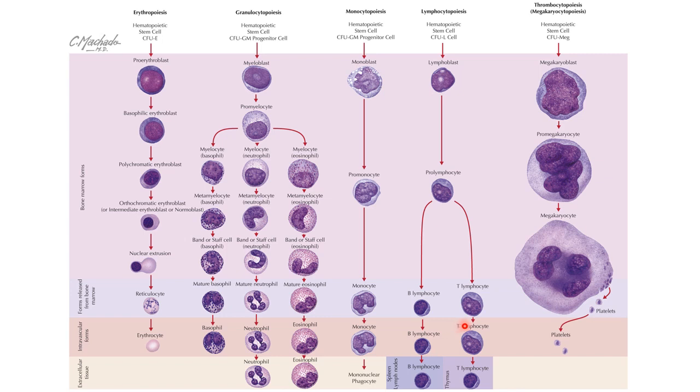And more so, some of these cells can actually exit the blood, exit the space inside the blood vessel to actually go into the peripheral tissues. So for example, in our case in point a while ago, we talked about pneumonia. And in pneumonia, there is for example, a bacterial pathogen that has invaded the lung.